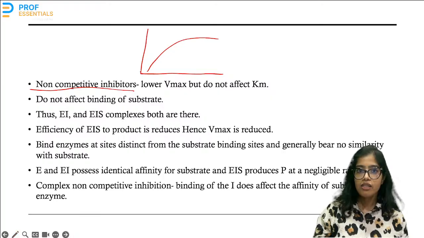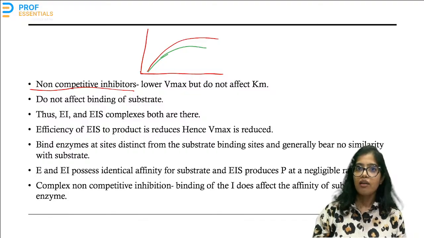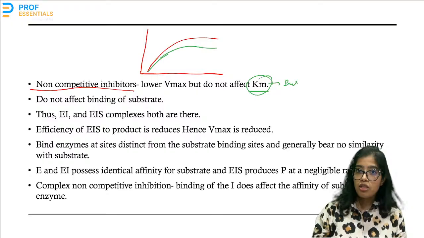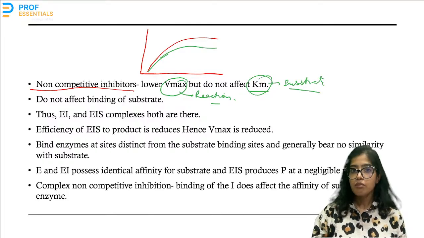When they enter the system, they are going to lower the Vmax by maybe like this, but they are not going to affect the Km. Km is the property of the substrate. Km is the concentration of the substrate, and Vmax is the property of the reaction. So they are affecting the reaction, but they are not affecting the substrate.